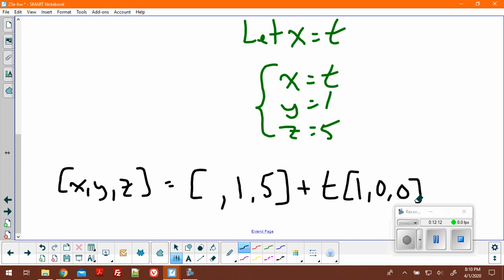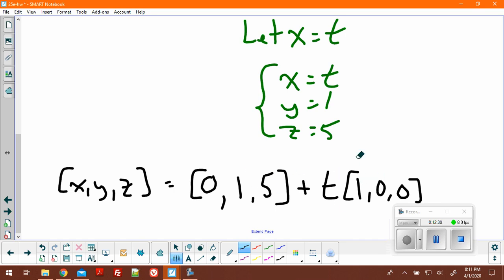Y and z had a solution, and it doesn't matter what x is, so I can't change y and z. That's why it's zeros in my direction vector. And for this point, it doesn't really matter what x is, because the only thing I can change it with is my direction vector. So to make it nice and easy, we'll call it 0. But I could put anything I want there for x, and it would still be valid. So this is the equation of the line.